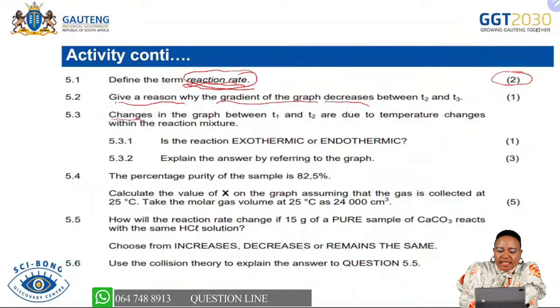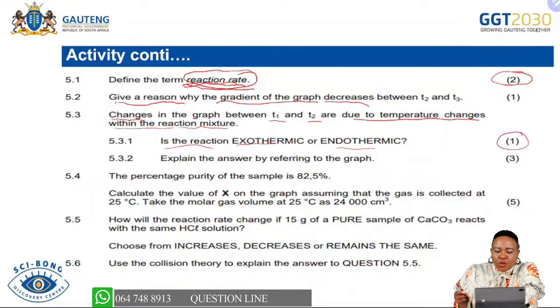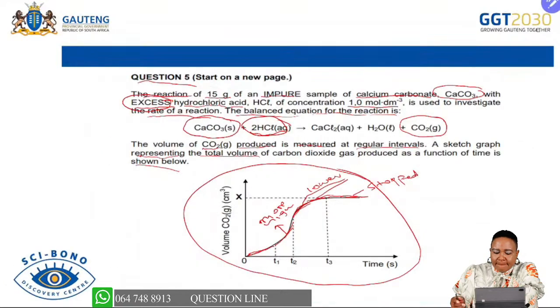And then it says the changes in the graph between T1 and T2 are due to temperature changes within the reaction mixture. Is the reaction exothermic or endothermic? 1 mark. Let's look at time T1 and T2. You can see that our graph is steeper here, and they say it's because of the temperature changes. We know that if the reaction rate is higher, it means there will be an increase in temperature.